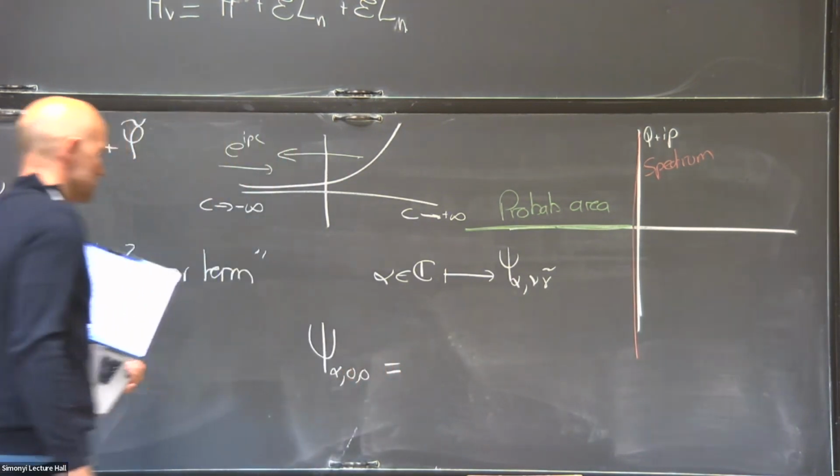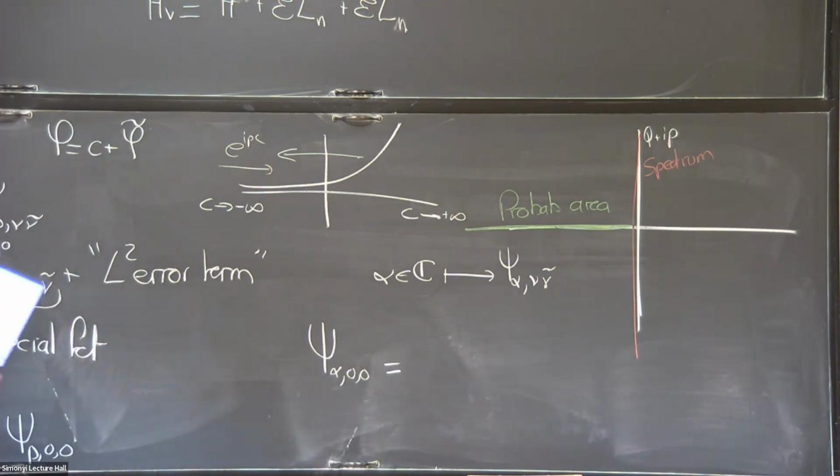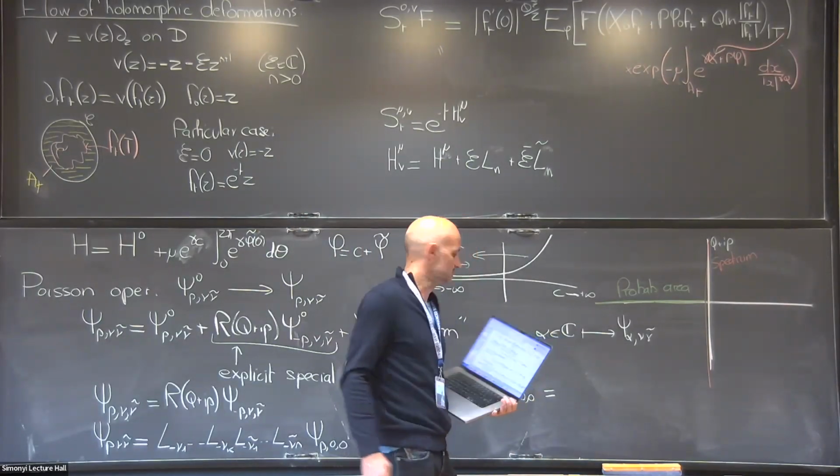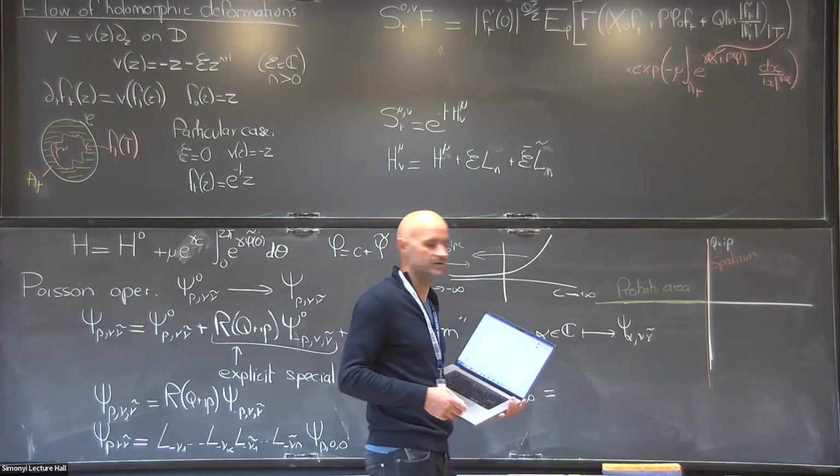If you enter the probabilistic region, you have a simple expression for the ground state. The descendants are more complicated.